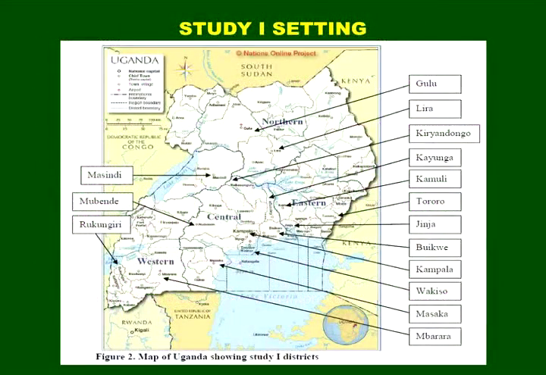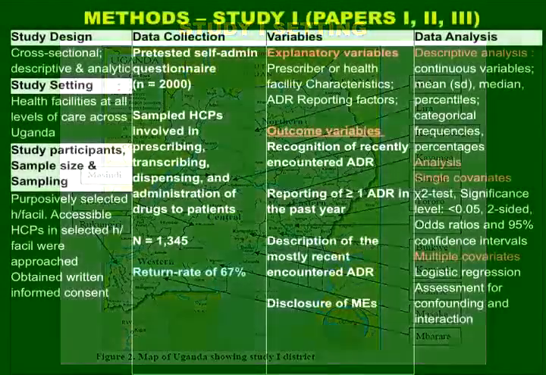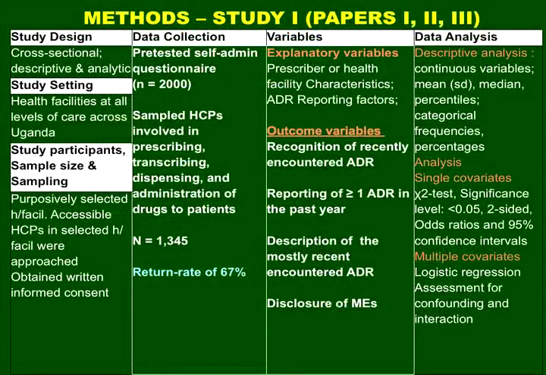Study 1. The first study was conducted across the country in all the regions. We selected health facilities, both public and private. It was a cross-sectional study. We distributed self-administered questionnaires to 2,000 consented healthcare professionals who are involved in the prescribing, transcribing, dispensing, and administration of medicines.